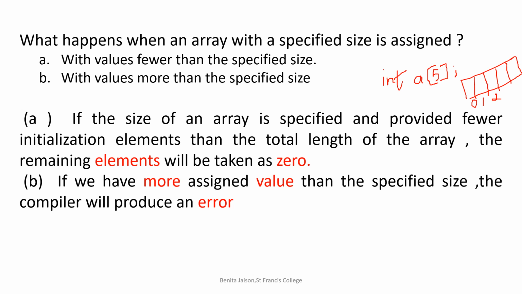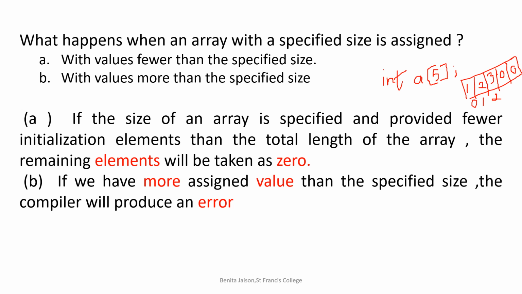As we had assigned only 3 numbers, in these empty locations it will automatically be assigned 0. If it is a character array, after filling the 3 characters, the remaining positions will automatically be filled by a null character.